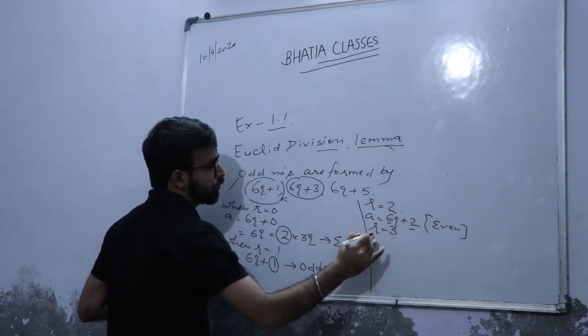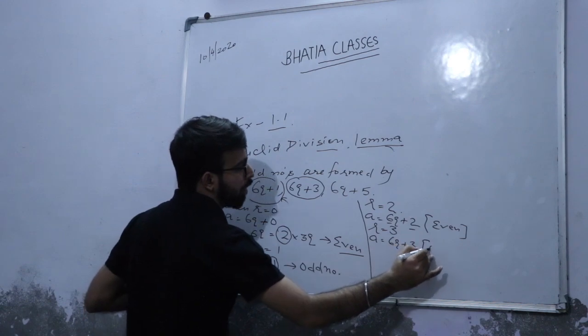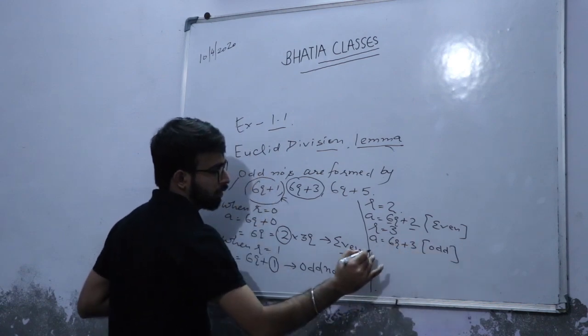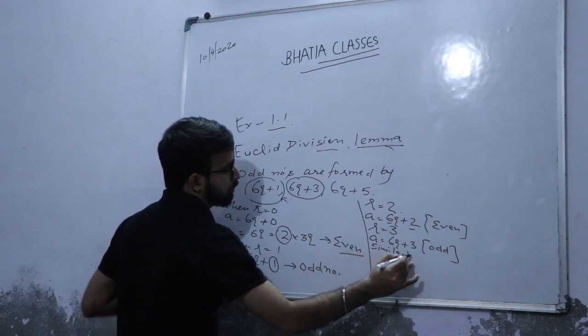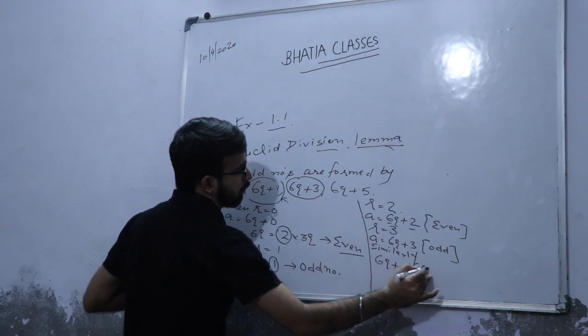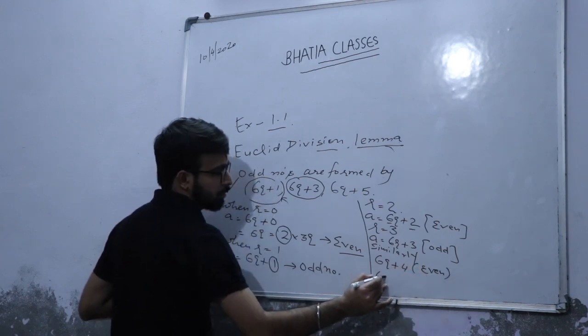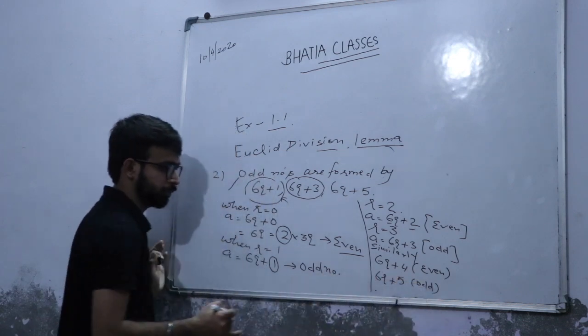R is equal to 3. A is equal to 6Q plus 3. Similarly, 6Q plus 4 is even, and 6Q plus 5 is odd.